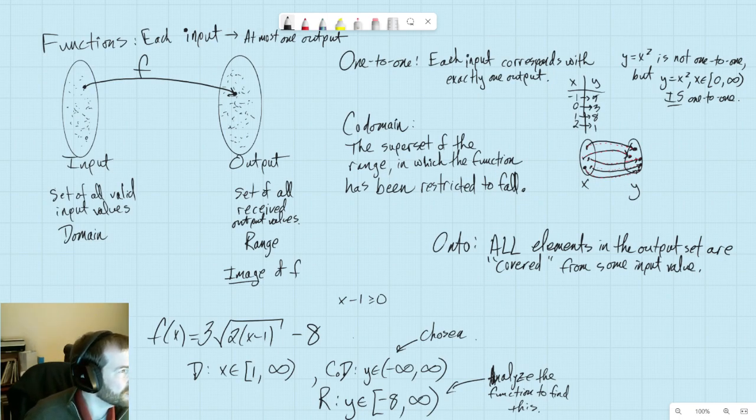So bijection is 1-to-1 onto. So it has to be both. So 1-to-1 is injective. Says that no elements of B are mapped to by 2 or more elements of A is injective.